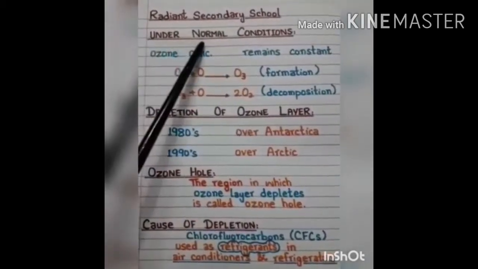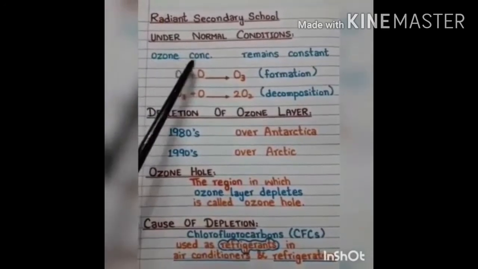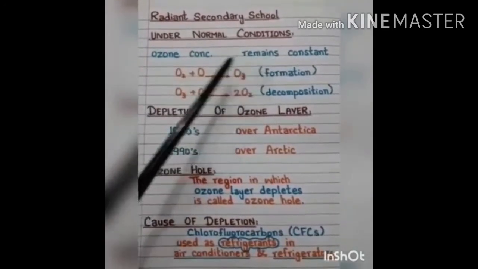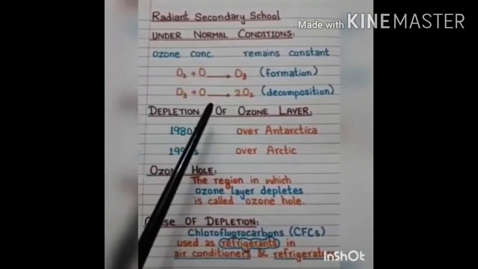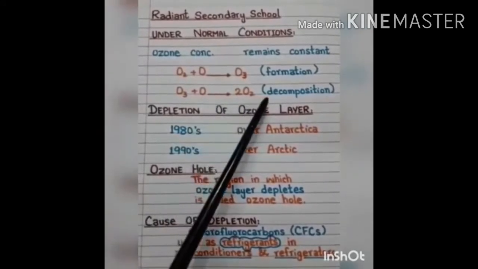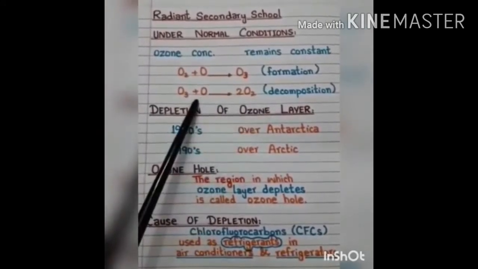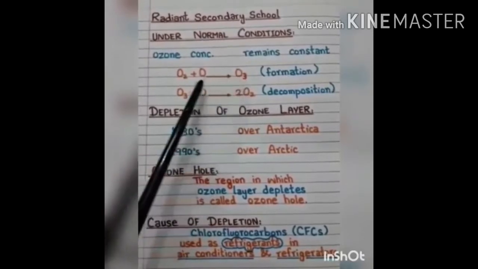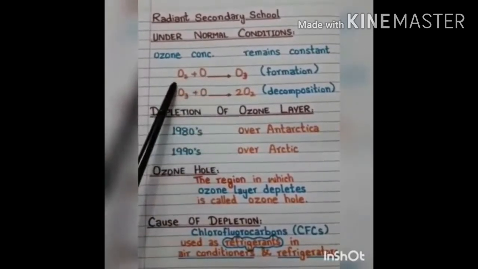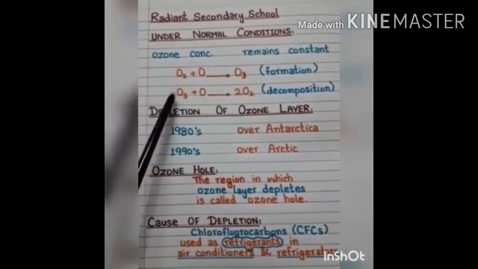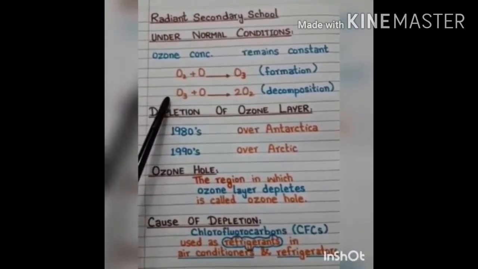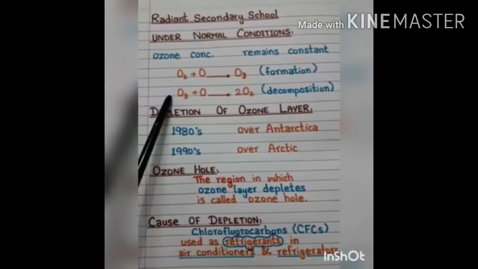Under normal conditions, ozone concentration remains constant, as in the upper stratosphere decomposition takes place, and in the mid-stratosphere formation of ozone takes place. Due to these reactions of formation and decomposition, ozone concentration remains constant.